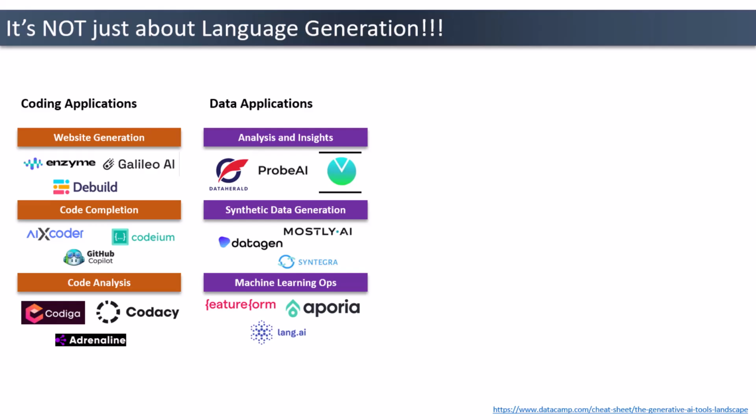Synthetic data is a really, really interesting aspect of generative AI because when you need to test to make sure your systems are going to perform properly under very unique conditions, using synthetic data is a great way to do that. So now there are systems out there that can generate that data for you. And machine learning operations is a growing field also. So there are now systems and services out there that can do that as well.